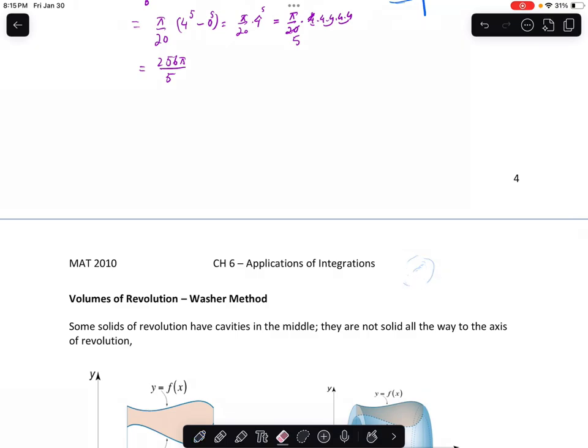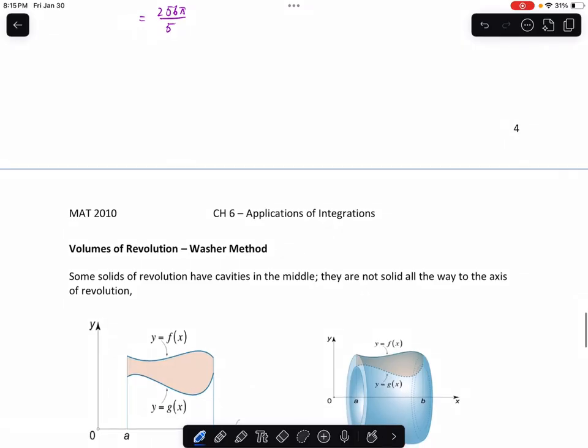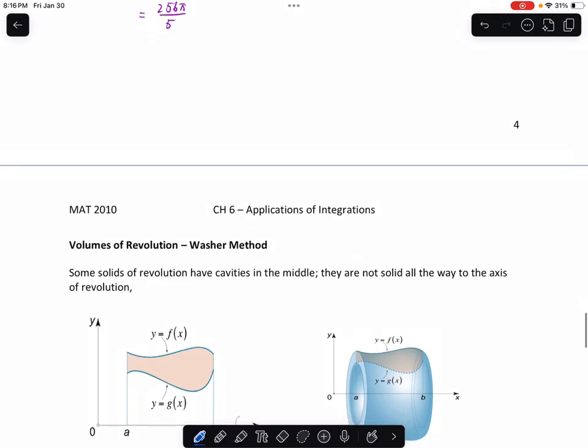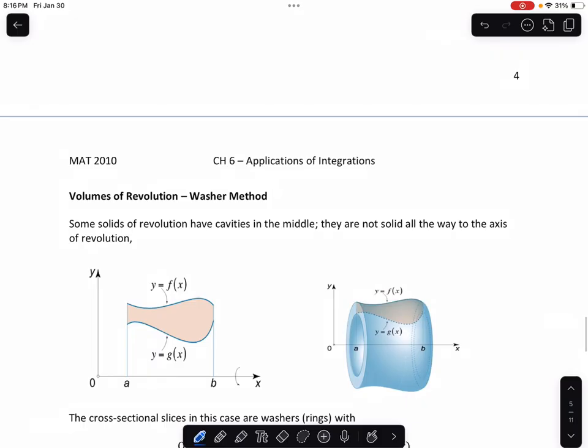And so what will happen is that when we cut slices or slabs of the cross section of our solid, we will get washers. So here the situation is that if you have a region like this, sometimes when we revolve it about a line, it leaves some hollow spaces.